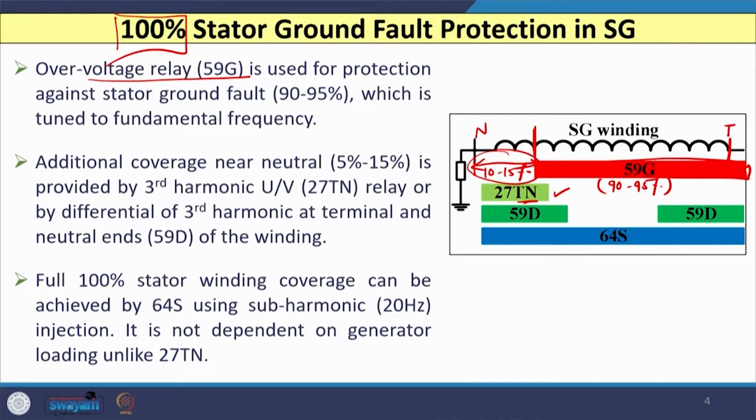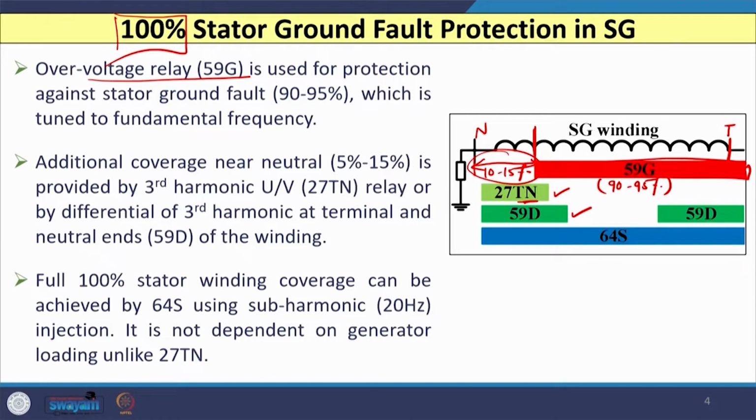or sometimes they may use the relay known as 59D. So, this also uses the difference of the third harmonic at the terminal and the neutral ends of the winding, and then you will get protection of the remaining 10 to 15% of the winding.